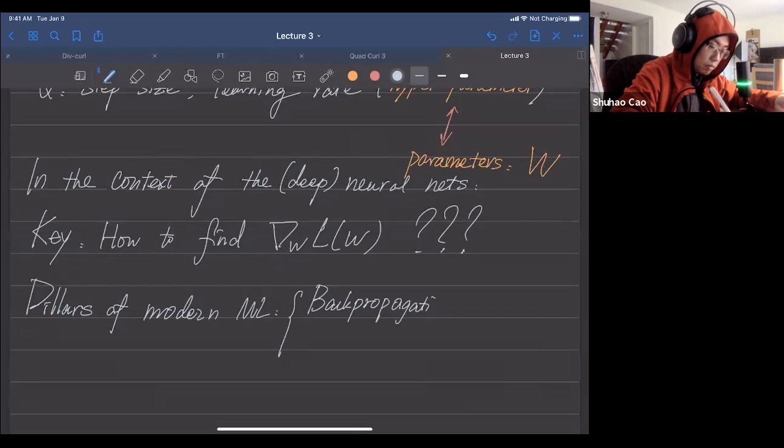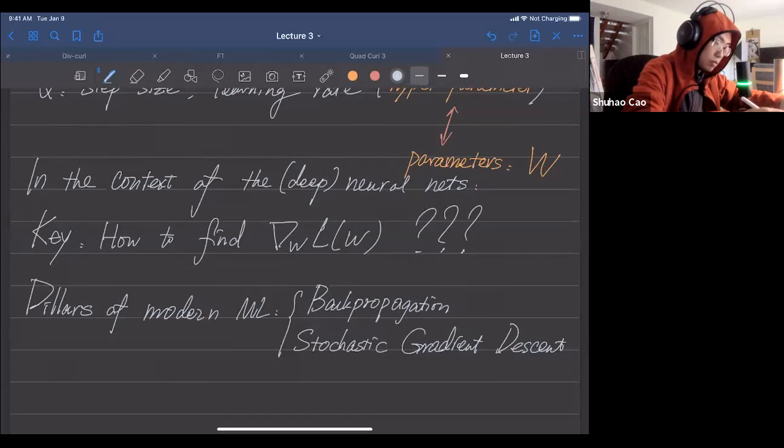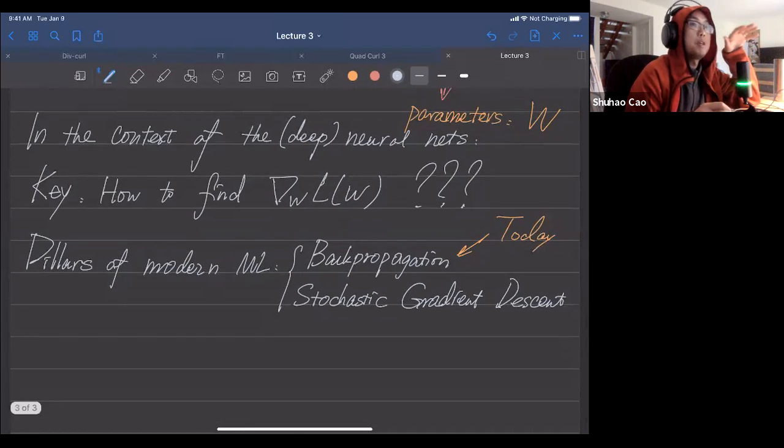The second one is stochastic gradient descent, which we'll learn in our next module. So today, our main topic is to learn how to do backpropagation for neural networks.